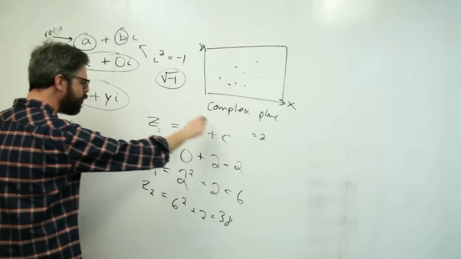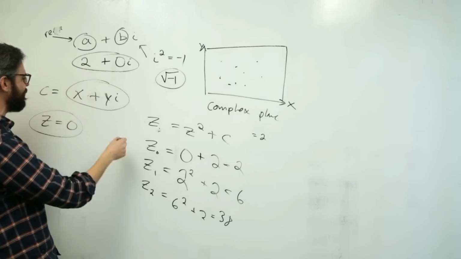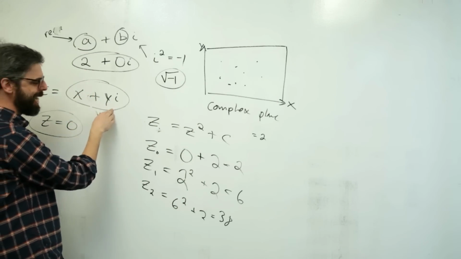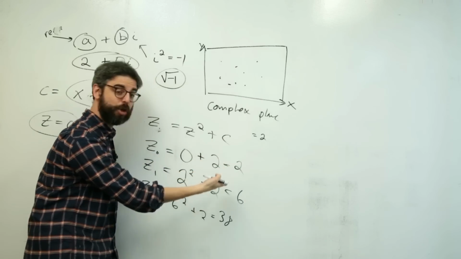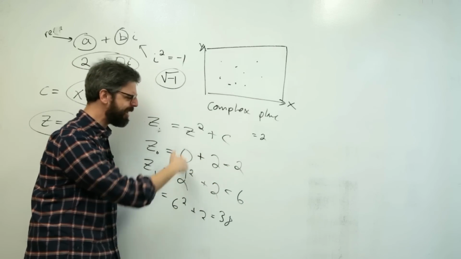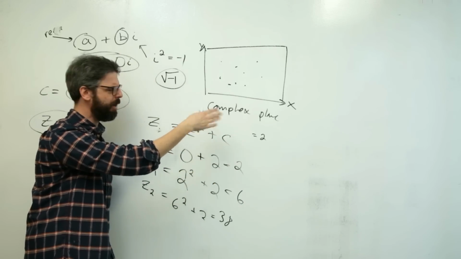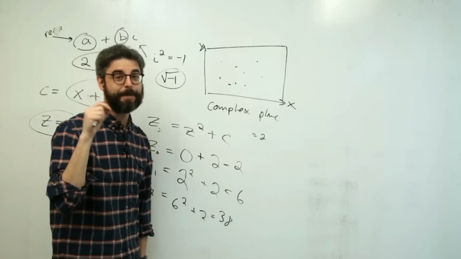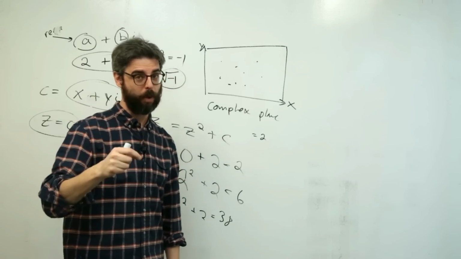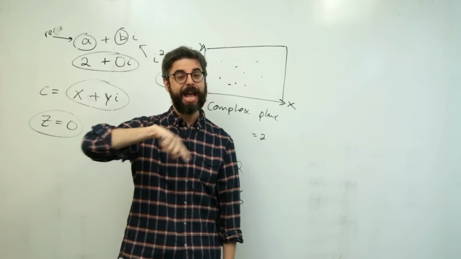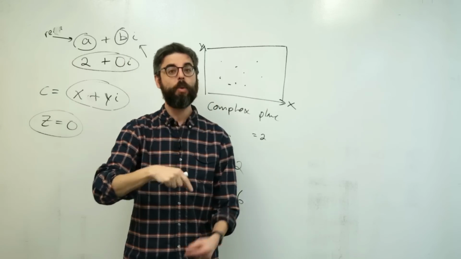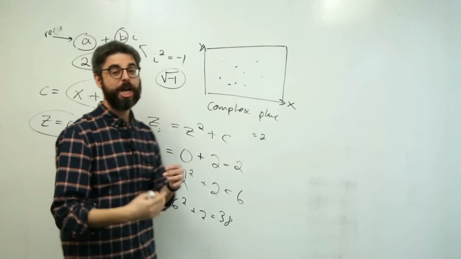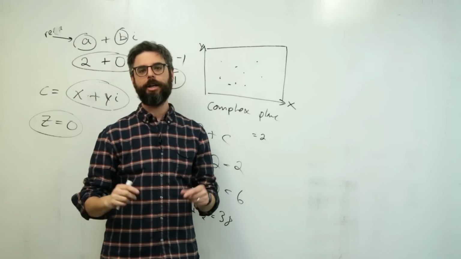If we do this with any given x plus yi, this number will sometimes go to infinity and sometimes just oscillate around a smaller number. Basically, to find the Mandelbrot set, we look for any of these x plus yi's where, when you apply this iterative formula, you get past a certain magnitude.